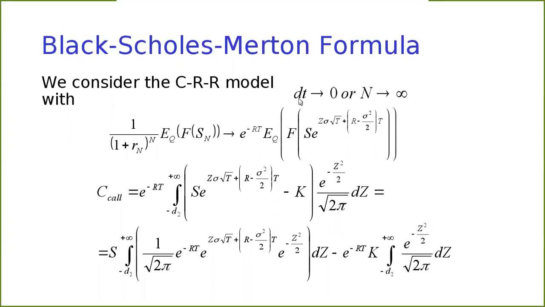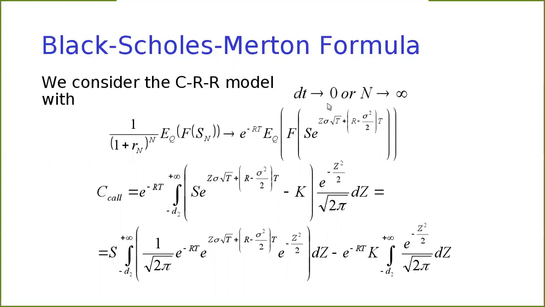So let dt tend to 0 and n to infinity. And what is the fair price of derivative? It is discounted mathematical expectation of your function with respect to risk neutral measure. Yes.